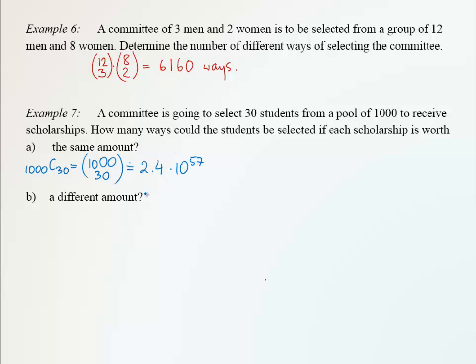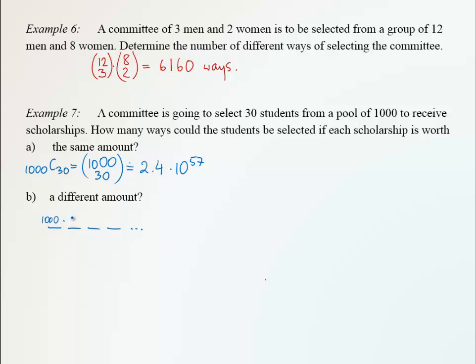Wow, that's a lot of ways. However, if each scholarship is worth a different amount, oh, that's a different story. We need to arrange those scholarships, let's say from the highest amount to the lowest amount, which really means we're talking about permutations because the order is important. So we are choosing the first person out of the 1,000 in 1,000 ways.